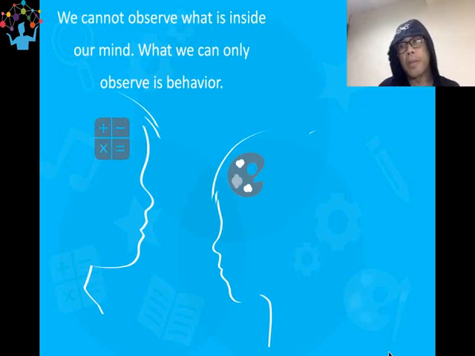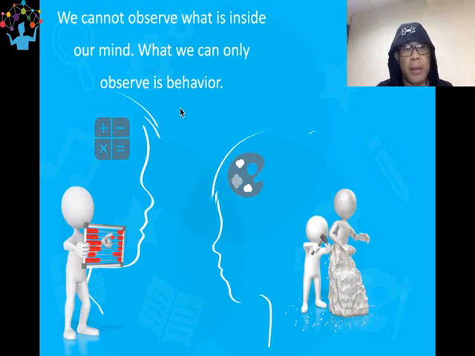Another basic premise of the behavioral theory of learning is that we cannot observe what is inside our mind, for example, fixing a mathematical equation or creativity. What we can only observe is behavior. To make this more concrete, which is more observable here?